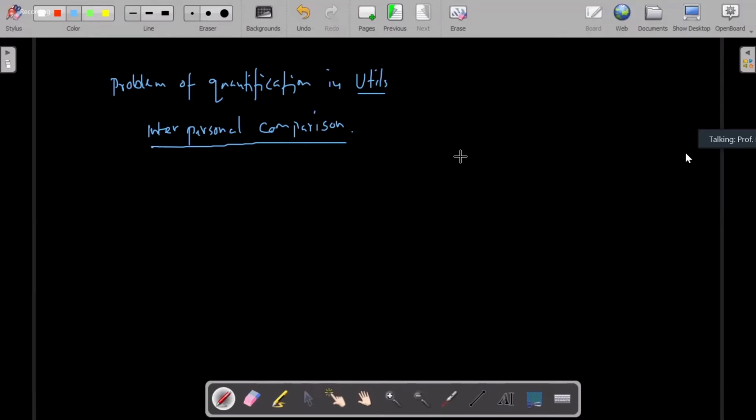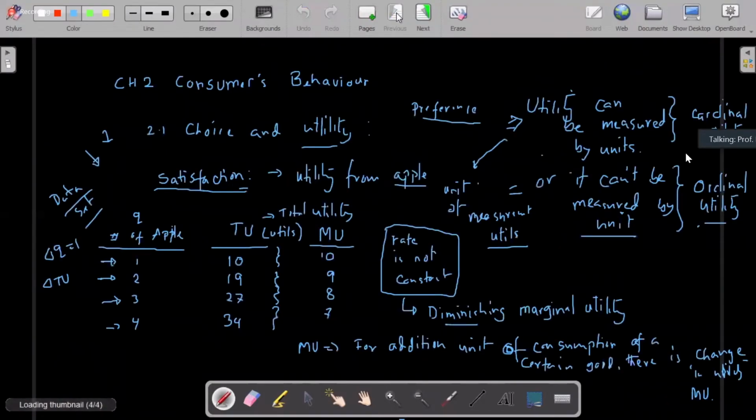Suppose in the previous pages we have seen that for the first apple we assign 10 utils, second 19, third apple 27, fourth apple 34. But maybe some other person says that for the first apple I am not going to give 10 utils, I'm going to give 15 utils or 20 utils, whatever it may be. Interpersonal comparison is there.